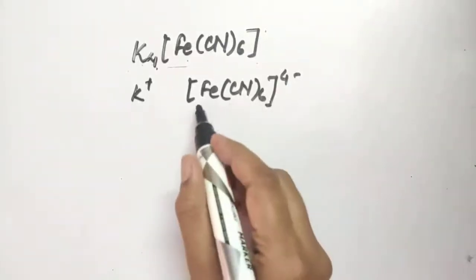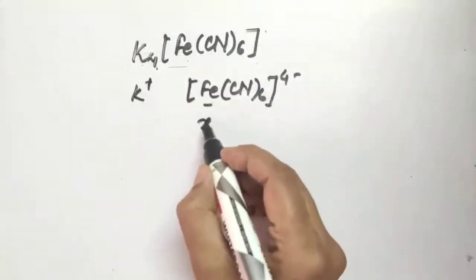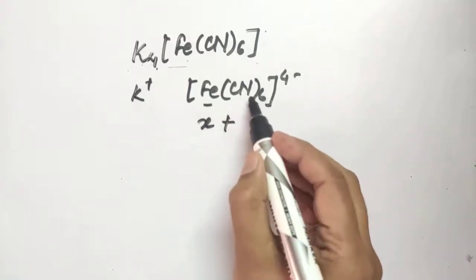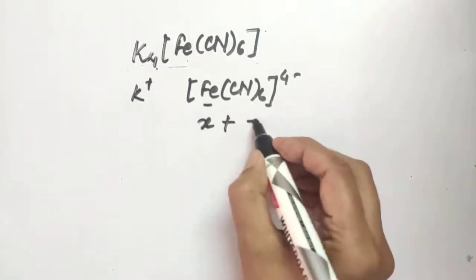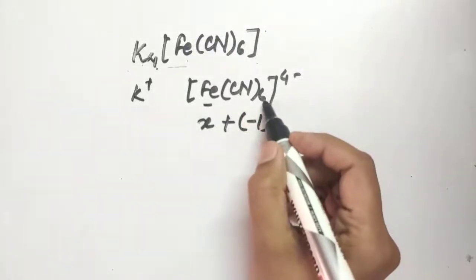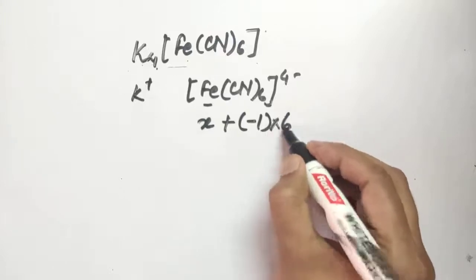Now we can calculate the oxidation state of this iron. Assuming it is X, plus cyanide. Cyanide carries a negative charge, 1 negative, and there are 6 cyanide ions, so we multiply minus 1 with 6.